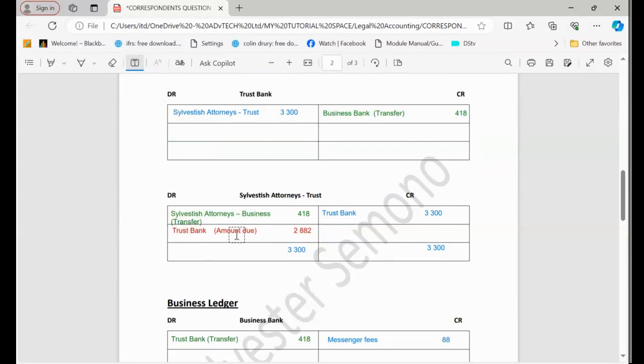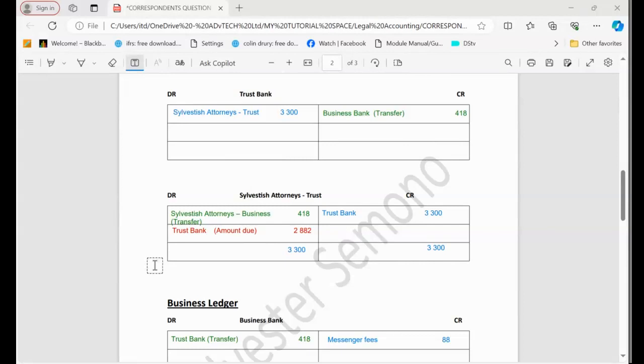Now, this is the amount due. So say trust bank account 2,800. Can you see now? So we paid out of the trust bank account, which means we must also go to the trust bank account to make sure that we paid this amount of money.